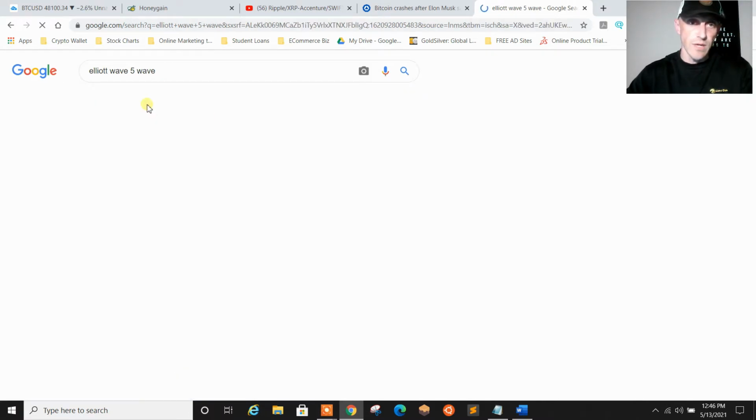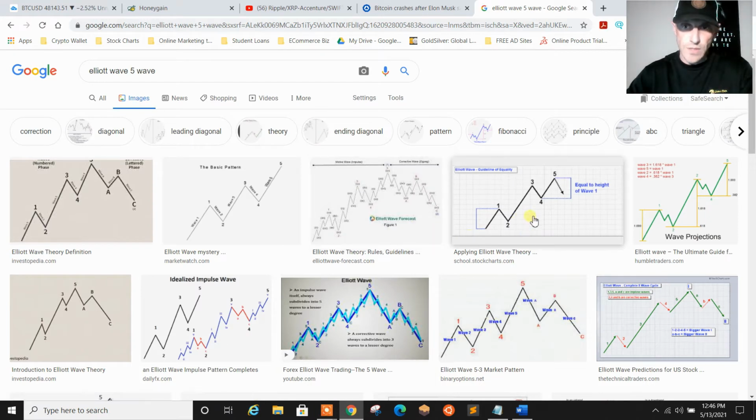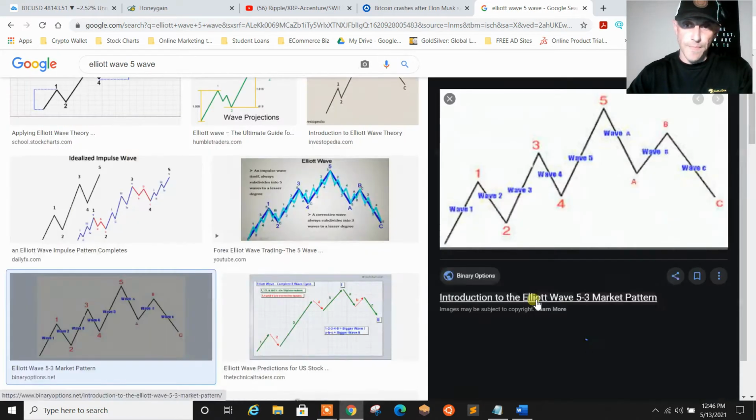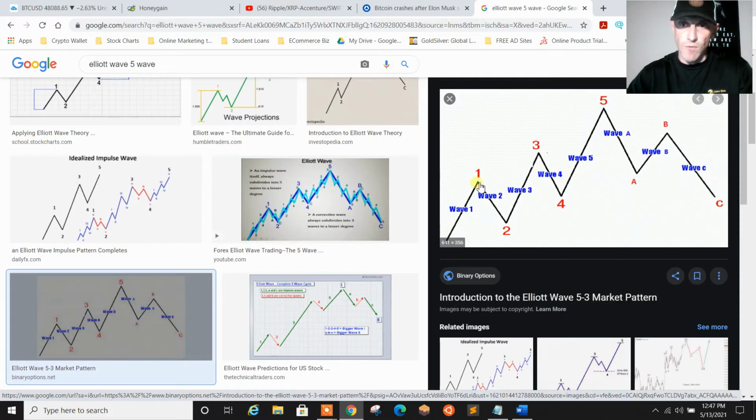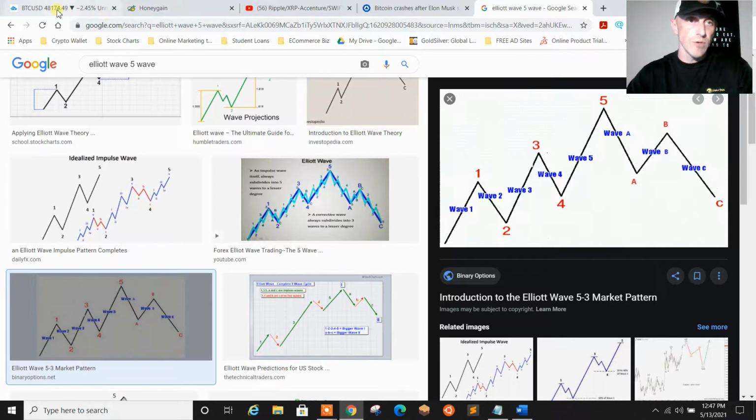But if we go over here to images real quick, you can see you get an impulse wave 1, 2, 3, 4, 5. So you'll get a wave 1, wave 2, wave 3, wave 4, wave 5, and then you get an ABC correction, A, B, C down. All right, so that's what we're doing here.